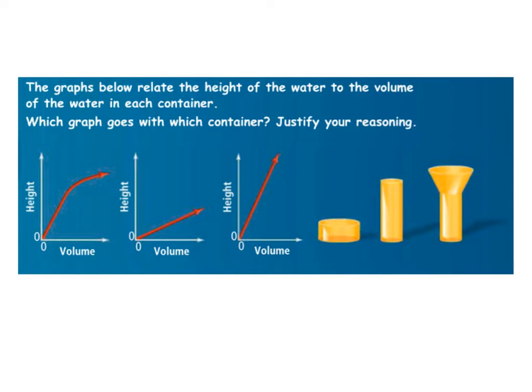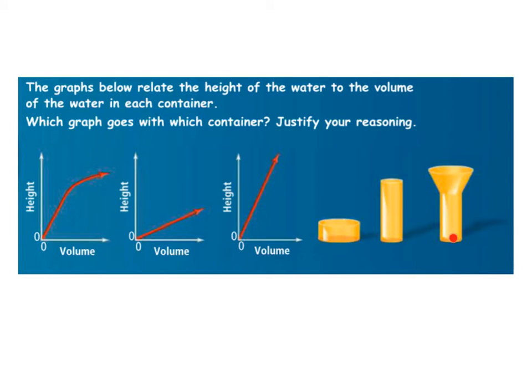As the water's flowing in at the steady rate for each of these, you can imagine that this one is filling up more quickly because there's less area to fill before it starts to rise higher. This one is going to be the widest one, so it'll be the slowest to fill.